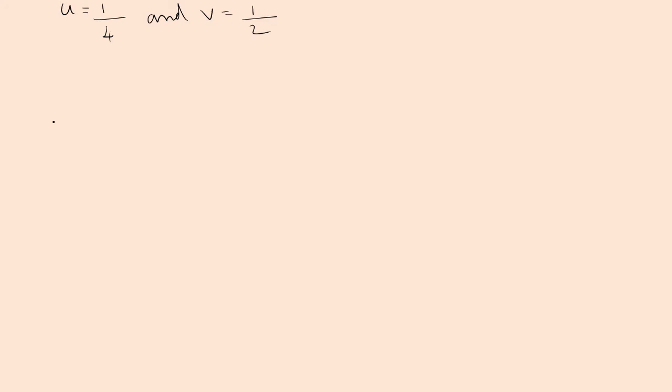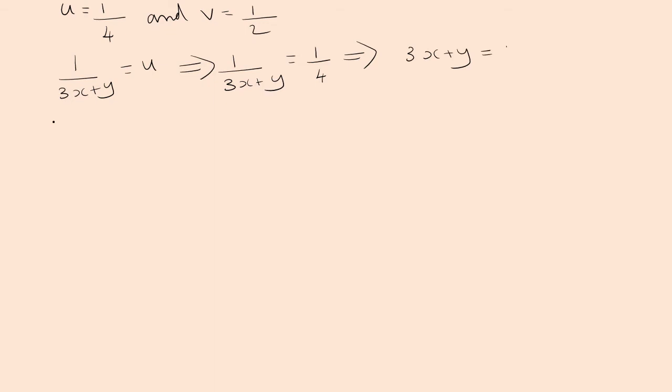And we have taken 1 upon 3x plus y as u. That is 1 upon 3x plus y equal to 1 by 4. Doing the cross multiplication, you will get 3x plus y equal to 4. You number this equation as equation number 5.